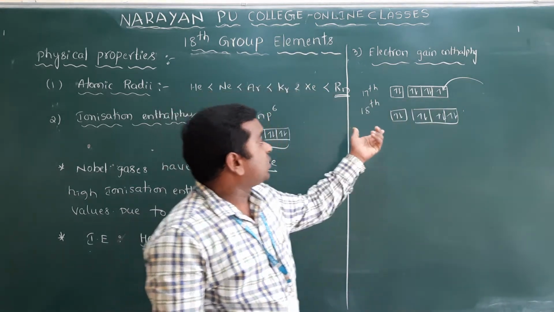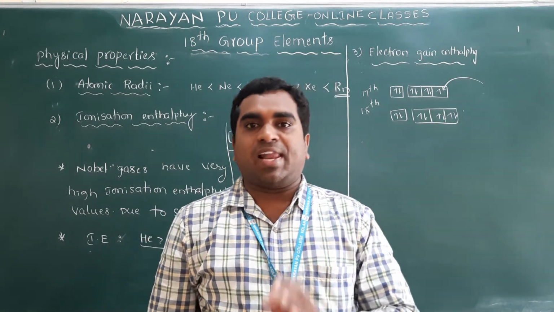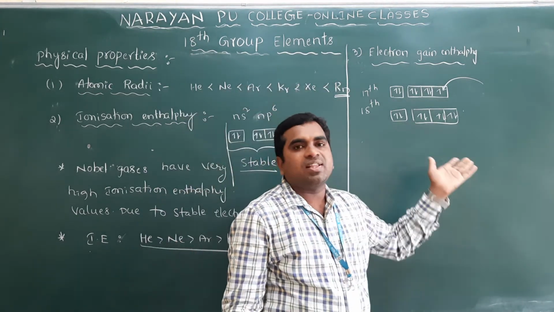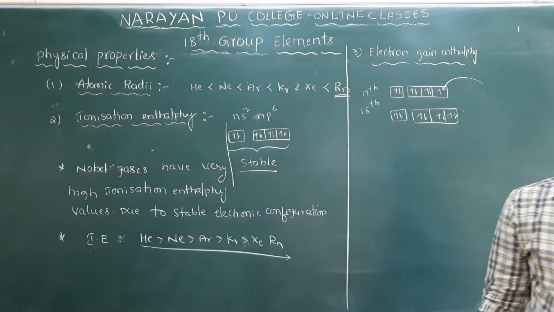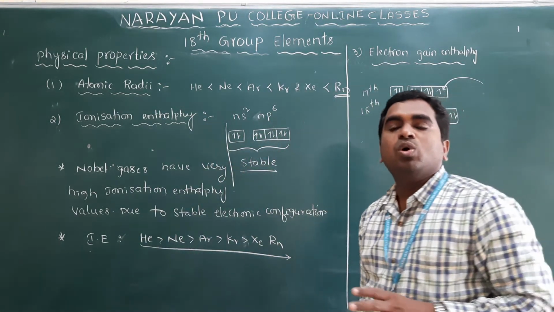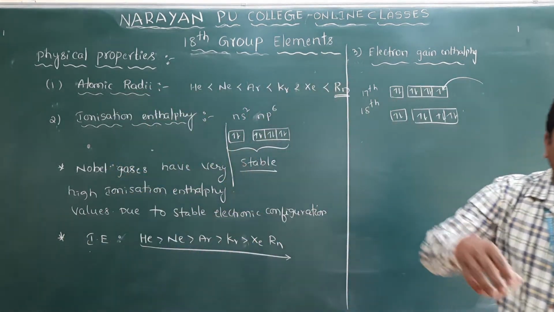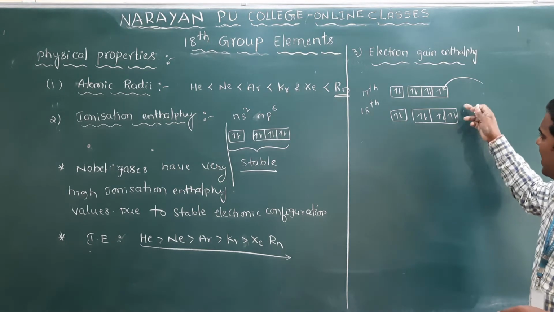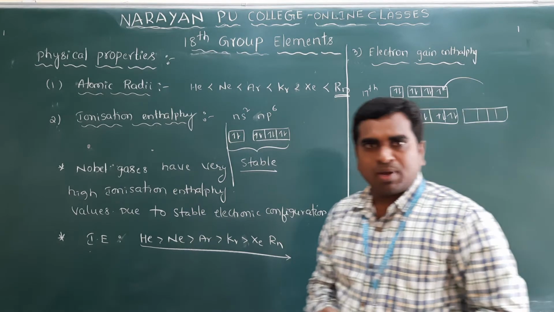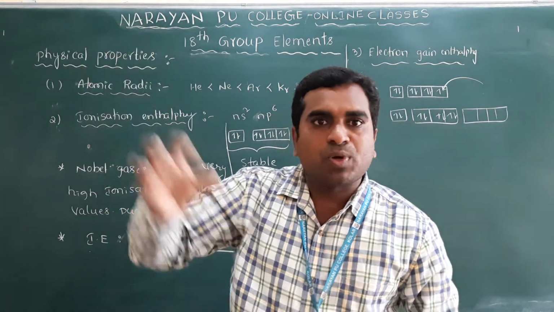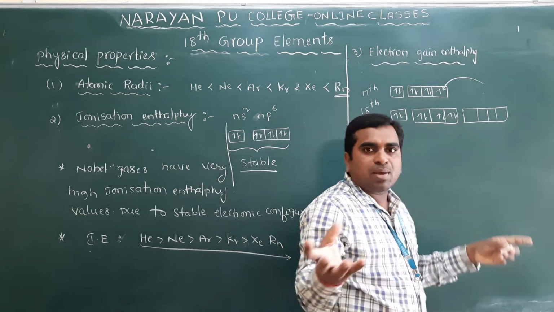So these 18th group elements have no tendency to accept an electron because they are already stable. So if you want to add an electron, it has to go into the next higher energy level, and you have to supply a lot of energy.